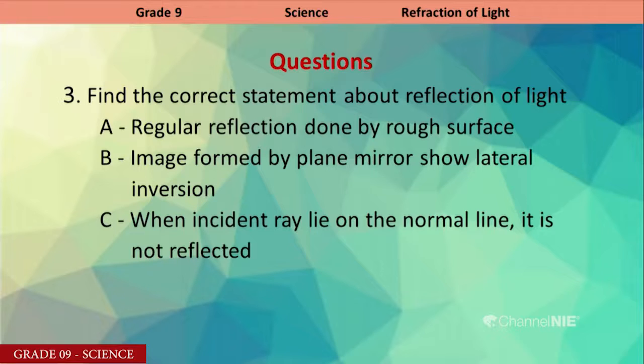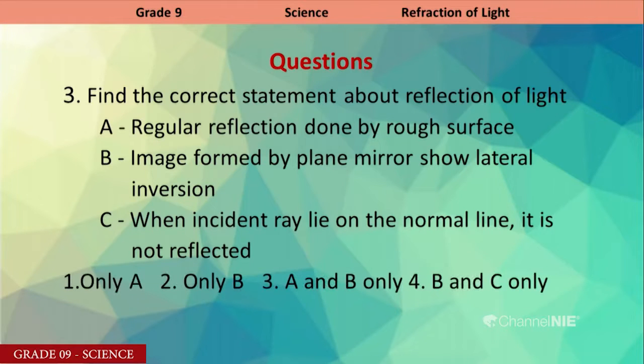C, when the incident ray lies on the normal line, it is not reflected. That is wrong. You know, when a ray of light is incident on a plane mirror along the normal line, it is reflected back in the same direction. So, C is also wrong. So, the answer is 2. Only B is correct.